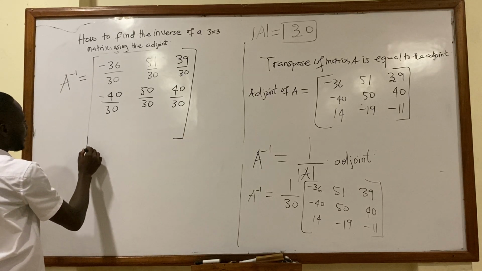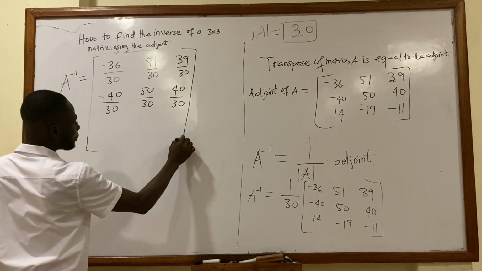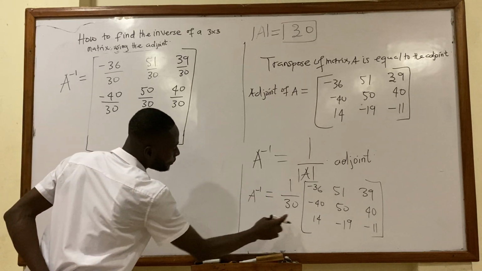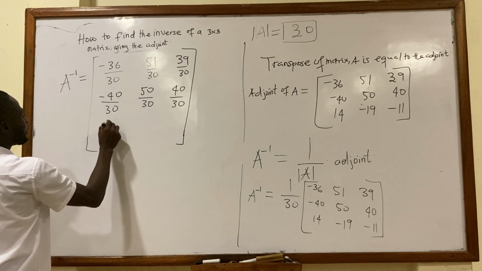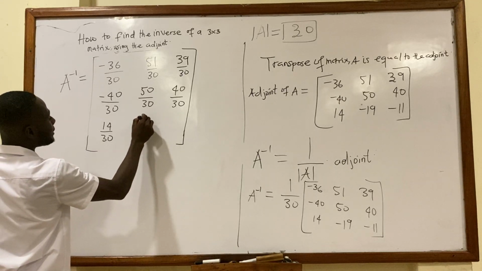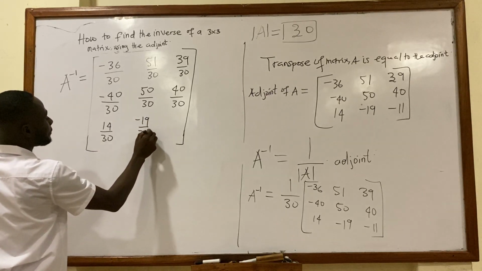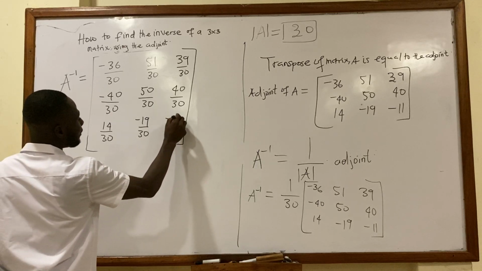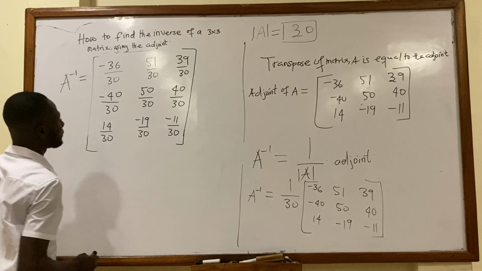So, left with our last row to multiply. That will be 14 over 30, minus 19 over 30 and minus 11 over 30.